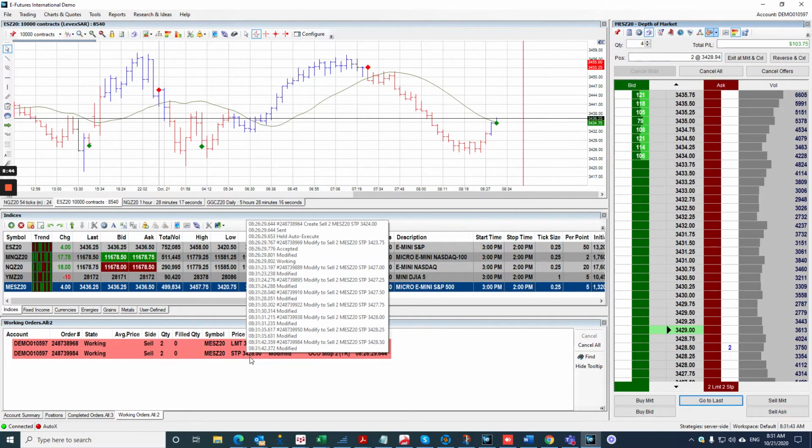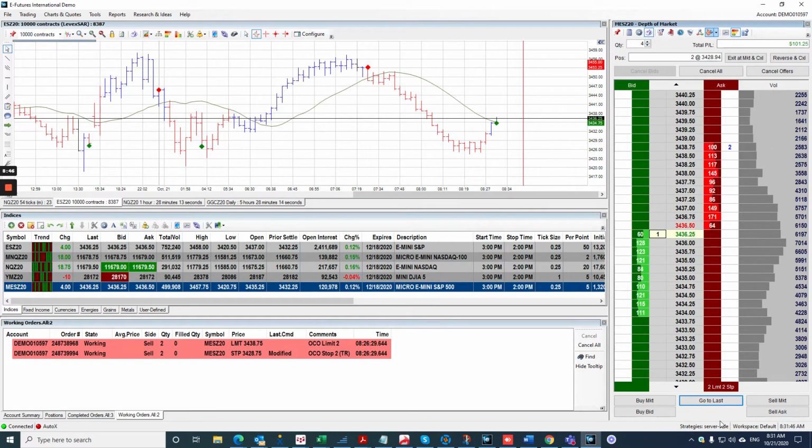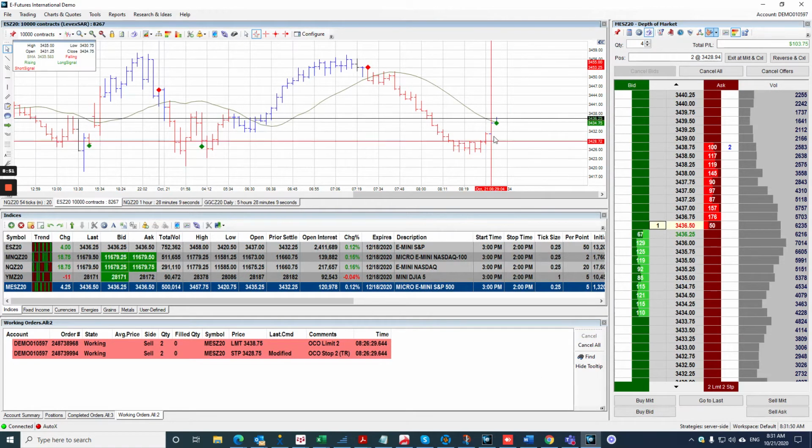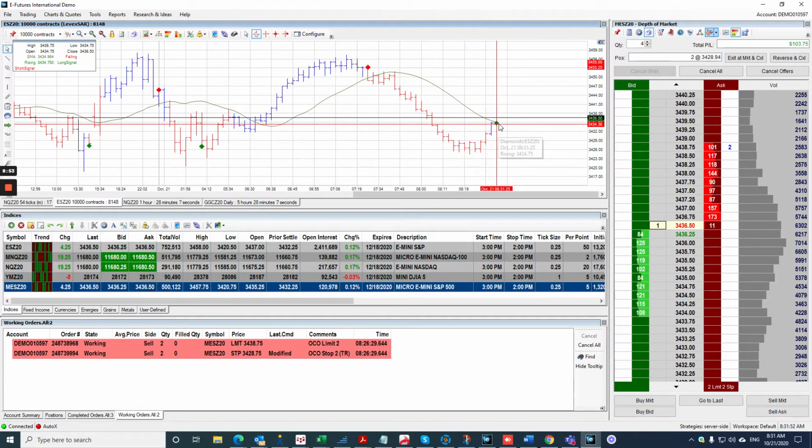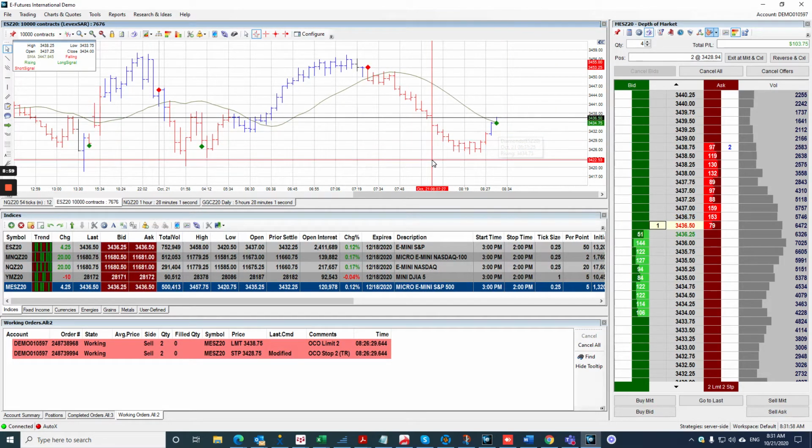And if you notice here, it keeps moving up as the market goes in my favor, while I'm waiting for my target. And nice enough, I got a little buy signal here. That gives me a little bit more confidence in the target.